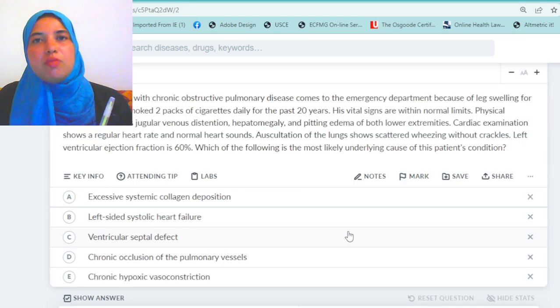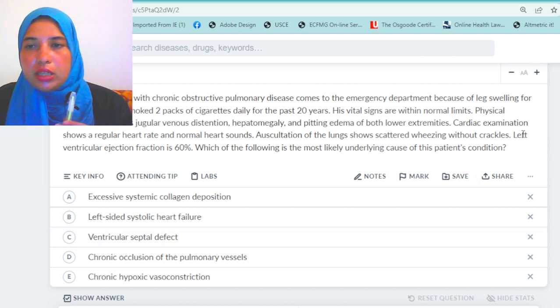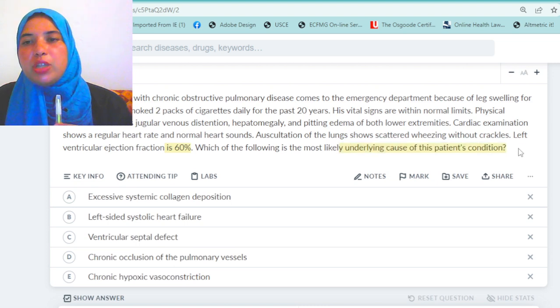So let's move on to the next question, and let's do the same technique where we read the last two sentences to help us get to the point. Okay, so here we see left ventricular ejection fraction is 60%. Which of the following is the most likely underlying cause of this patient's condition? Okay, so I'm dealing with somebody who may have some heart failure.